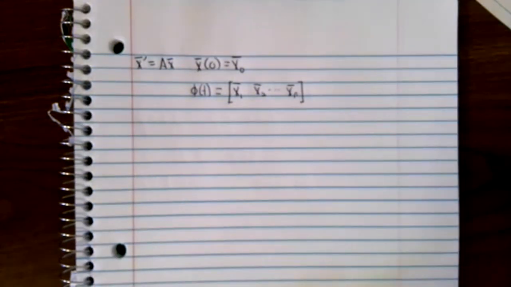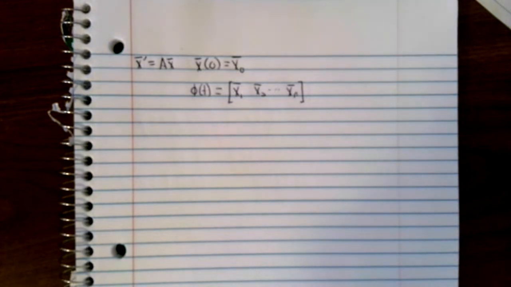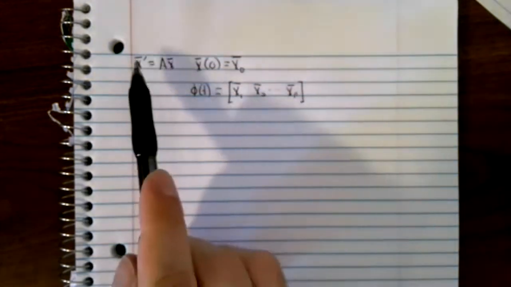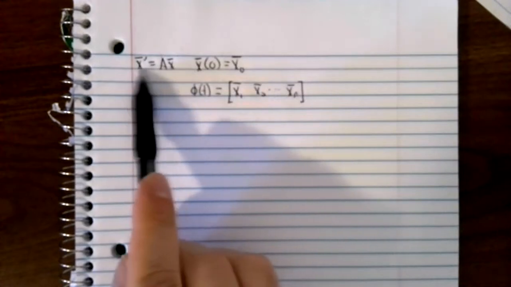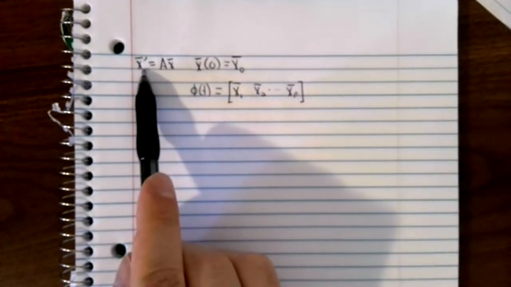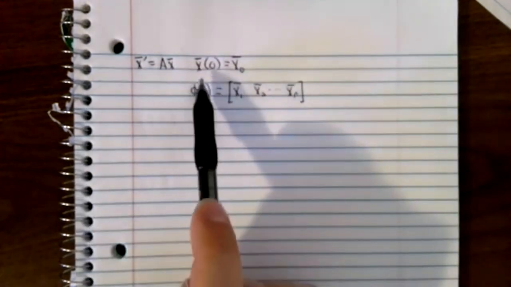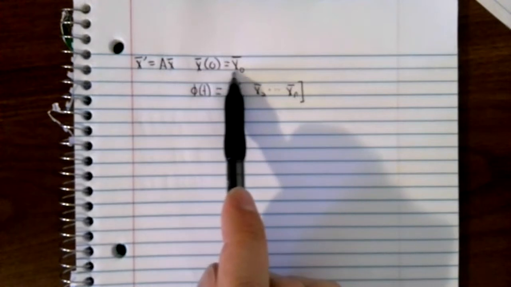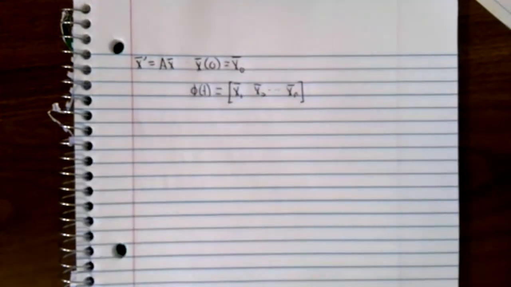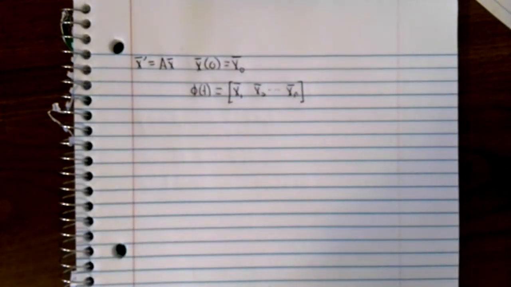And at this point in our mathematical career, we can find these columns using eigenvalues and eigenvectors. Solving this is something we can do. It's only the initial condition that's complicating things.